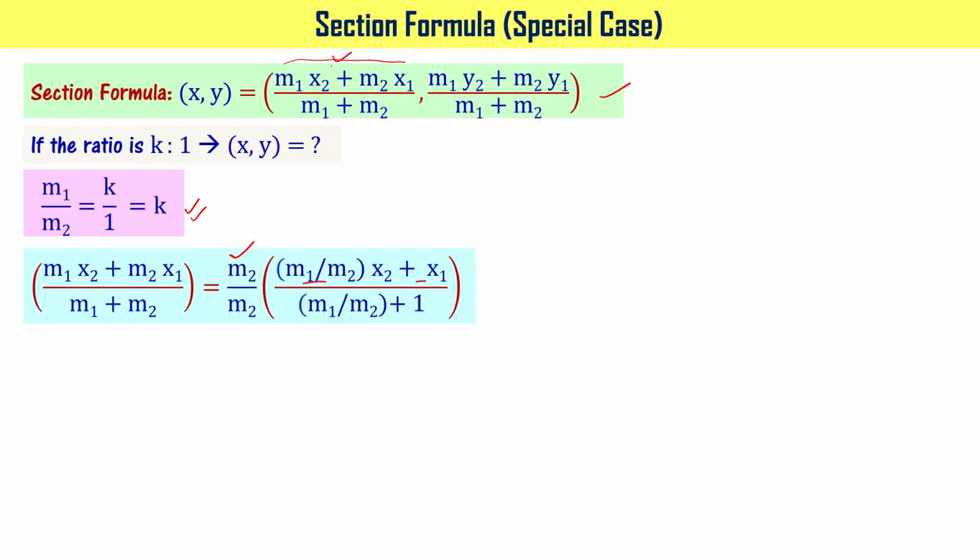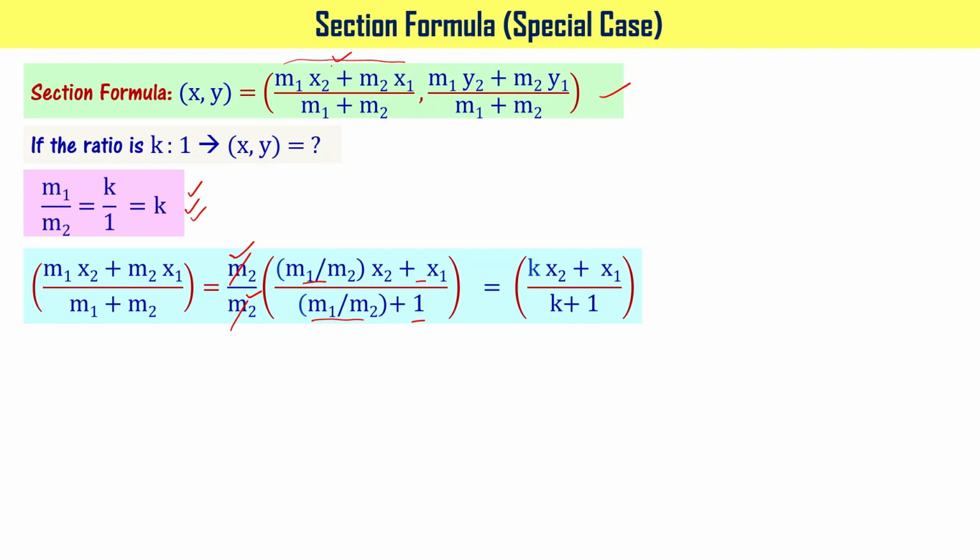Similarly, when I take m2 as a common factor out from the denominator also, I'll get m1 by m2 here and plus 1 here, right? It is given that m1 by m2 equal to k. Now I can cancel this m2 and m2. So what I have is m1 by m2 times x2 plus x1 divided by m1 by m2 plus 1. So let me write m1 by m2 equal to k. When I do that, I'll get an expression kx2 plus x1 divided by k plus 1.